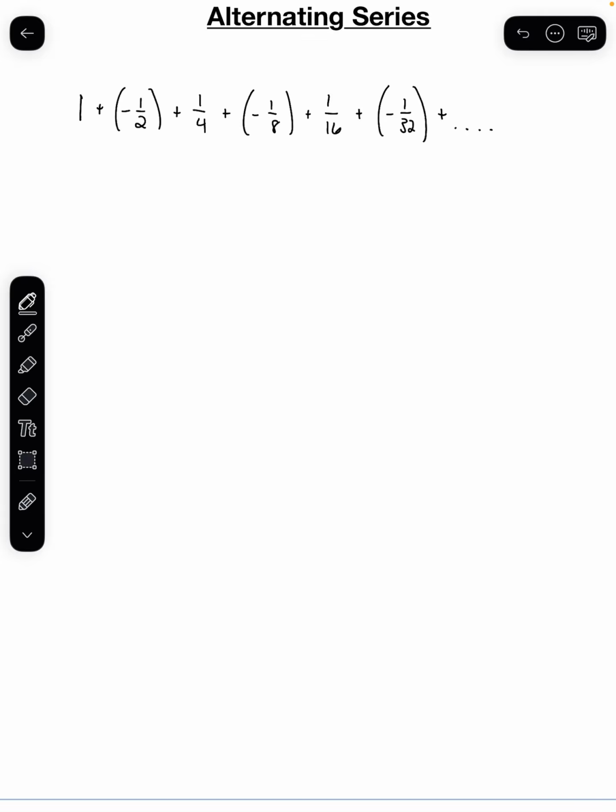Alternating series, that alternating sign is typically created by one of the following mechanics. -1 to a power, and that power may start as an even or odd power. So again, with all series assumed to be starting at I equals 1, -1 to the I would be -1 to the first, and therefore the first term would be negative.